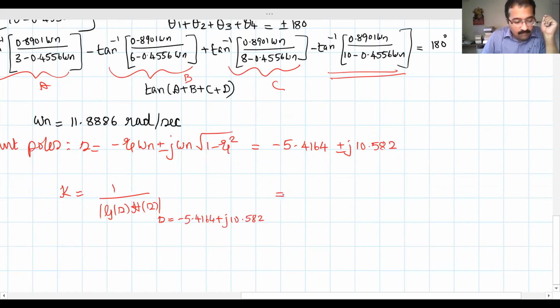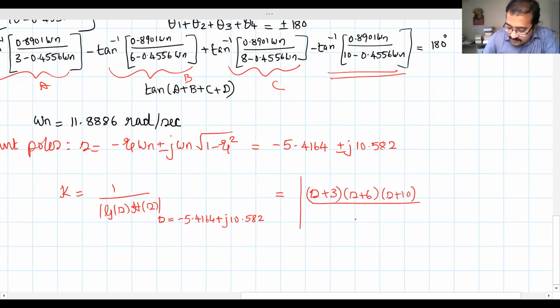That will be the magnitude of (s plus 3)(s plus 6)(s plus 10) divided by (s plus 8) at s equals minus 5.4164 plus j 10.582. If you do that, you will get K as 121.7862.